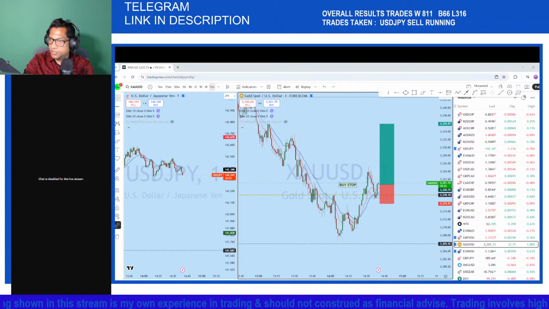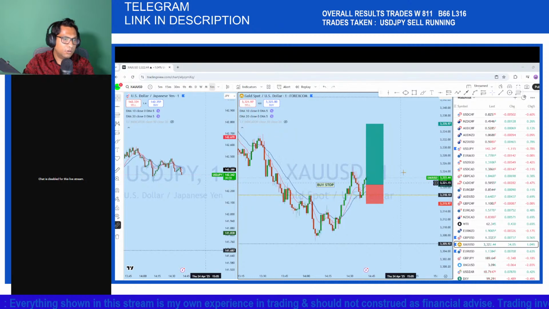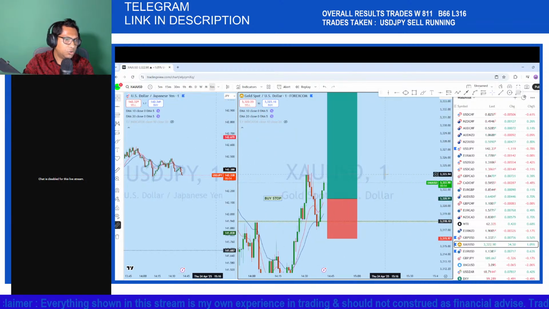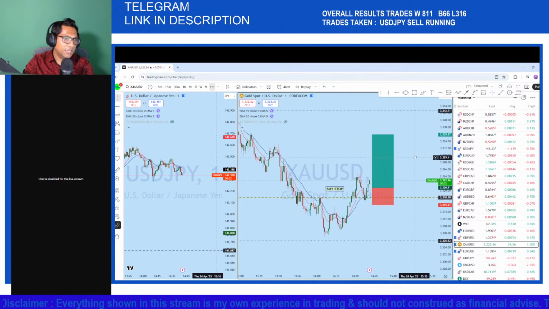So basically it's a running trade. XAUSD, open another position and running in on XAUSD, expecting it to trend back to the daily resistance.